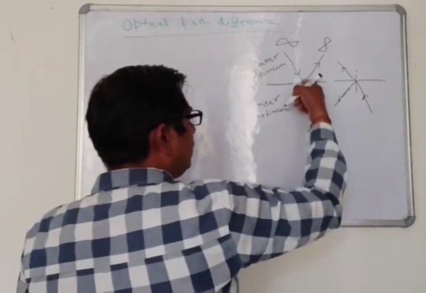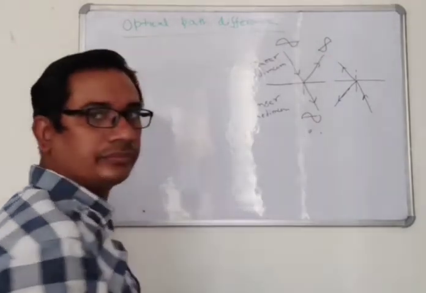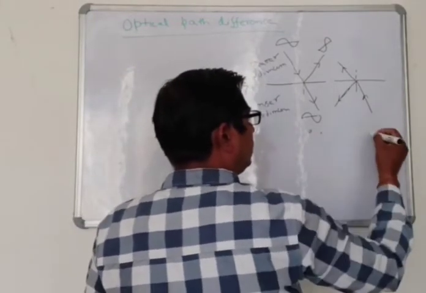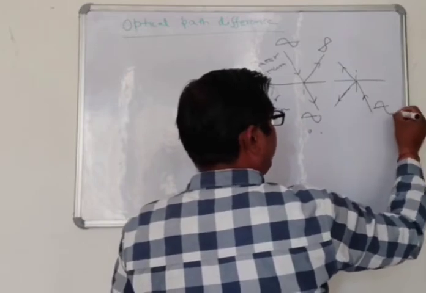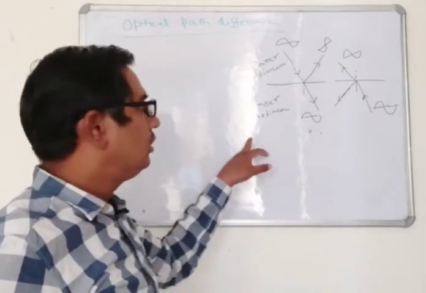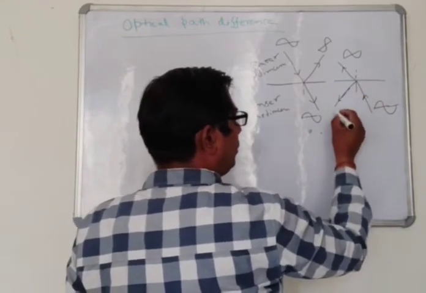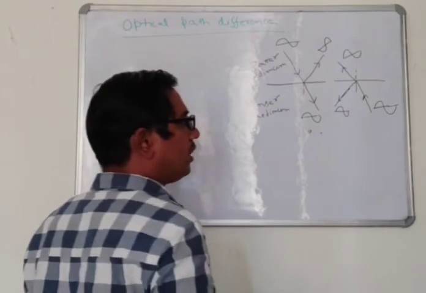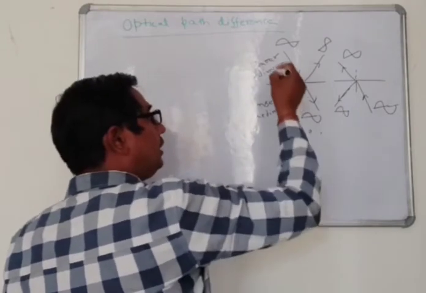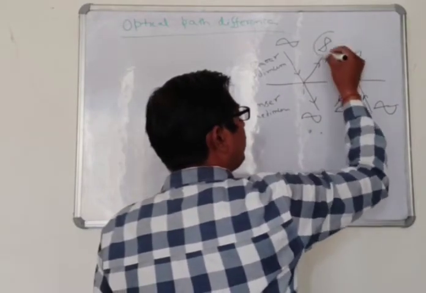But in the transmitted light, the phase will be the same as the incident light. In the case when the light is incident from denser to rare, the phase of the incident light will be the same in the case of transmission, and the reflected part will also have the same phase. When the light is coming from denser to rare, the reflected part will be the same, but when the light is incident from rare to denser, the reflected part will change its phase.